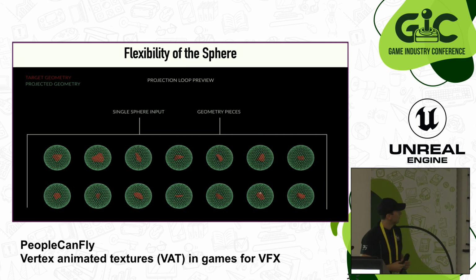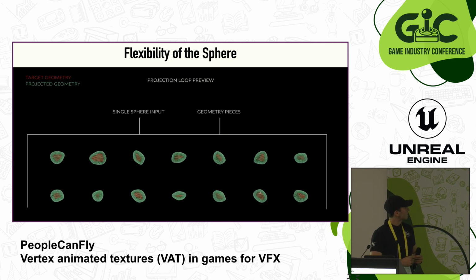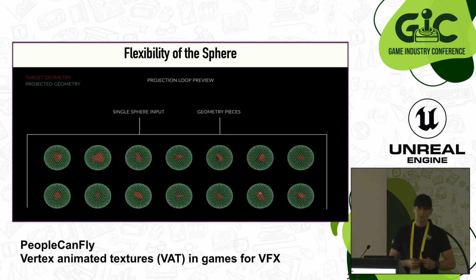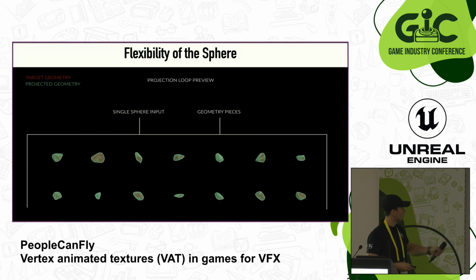You can see how flexible the sphere is. Sorry, I didn't play the video. You can see that we're using just a sphere with about 642 vertices, and we are able to reproduce every piece here almost perfectly.